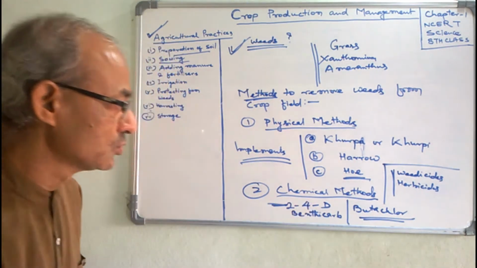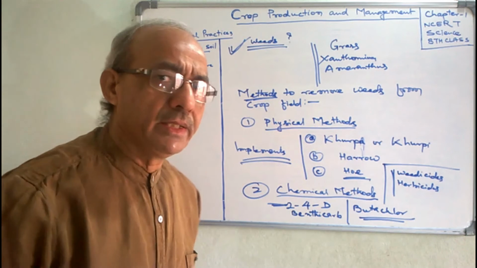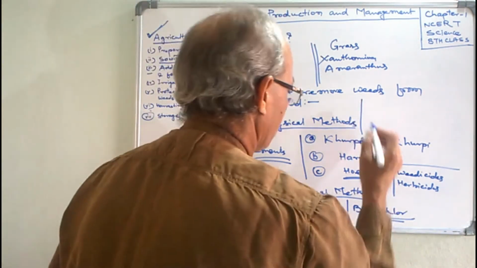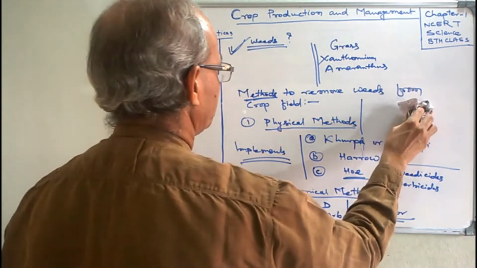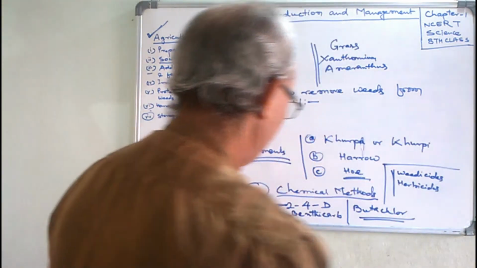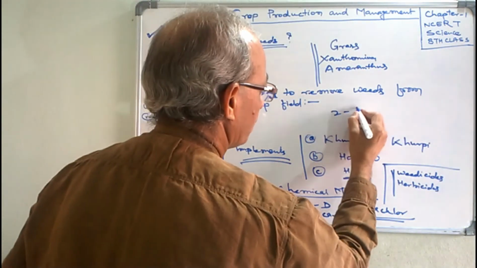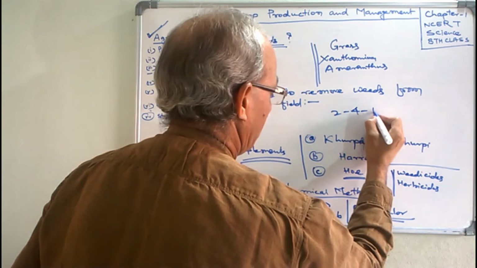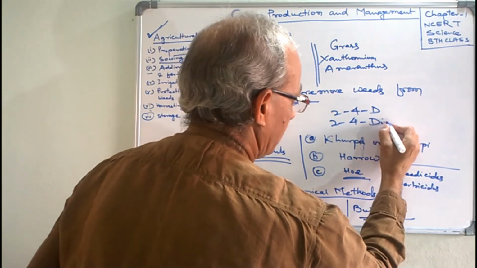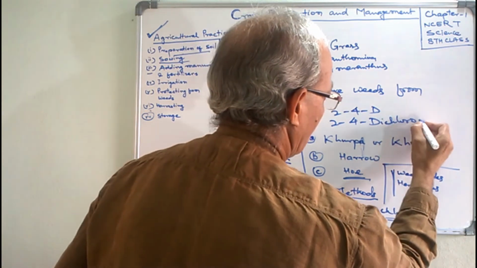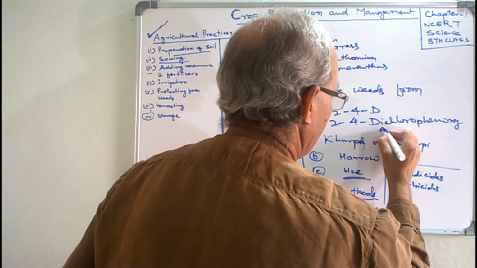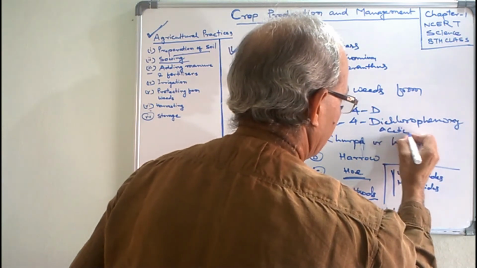Its full form is 2,4-dichlorophenoxyacetic acid. I am writing here the name of this chemical substance. 2,4-D means 2,4-dichlorophenoxyacetic acid.